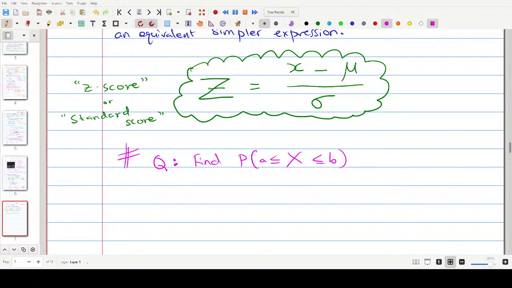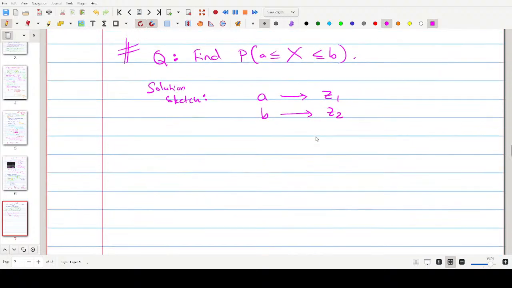So the sketch of the solution would be as follows. From a, we will convert this a to, let's say, z1, and we'll convert this b to z2, right?